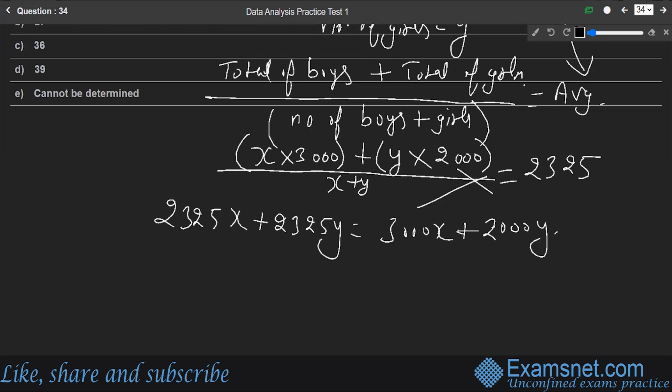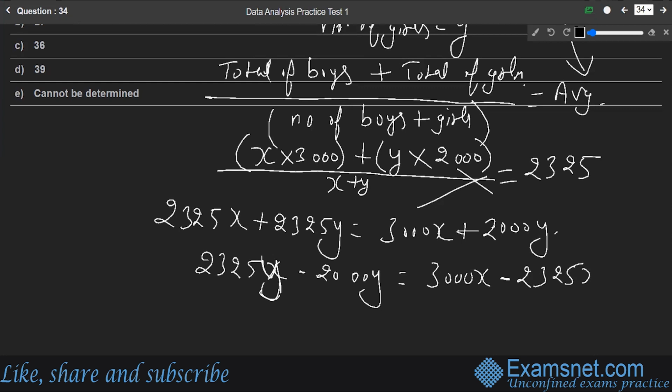Now we can clearly subtract 2000Y from both sides, so 2325Y minus 2000Y is equal to 3000X minus 2325X. We have just changed the side. So this is 325Y is equal to 3000 minus 2325, which is going to be 675X.